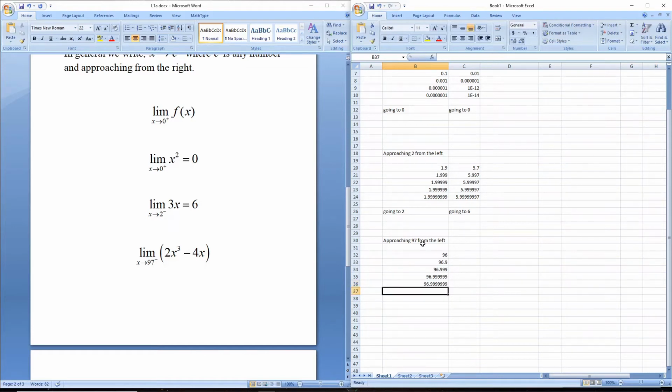Once we've chosen some inputs here, we're going to plug them into the function and then see what the function is doing. So we're going to have 2 times our input, cube that, and then subtract off 4 times that input, and we're going to observe what happens. We chose our inputs so that they will be going to 97.